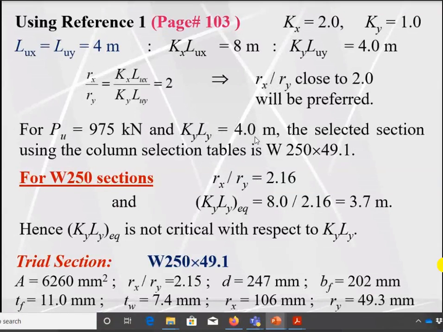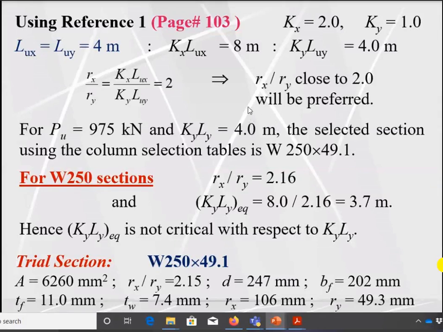Actually, the first section will be based upon KY/LY. When you will select very first trial section, then for the very first trial section, in this case for W250, you may have the Rx over Ry value. So at the start, we may not have the Rx over Ry value. You understand? Yes, sir. There are two methods.